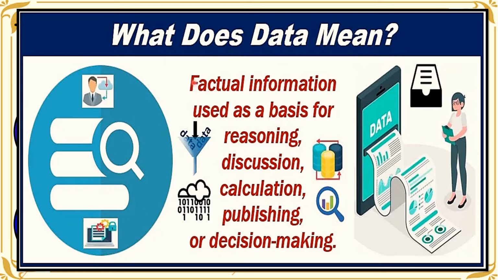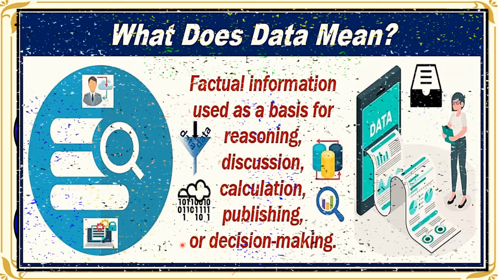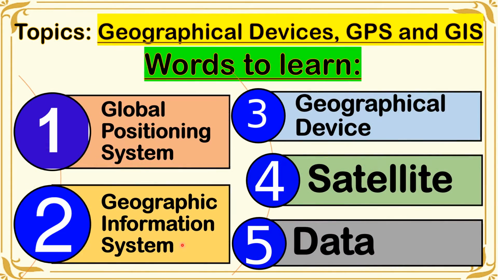What does data mean? It means factual information used as a basis for reasoning, discussion, calculation, publishing, or decision making. So these are the 5 words that can help us better understand our topic for today. Let's read again from numbers 1 to 5. Global Positioning System, Geographic Information System, Geographical Device, Satellite, and Data.